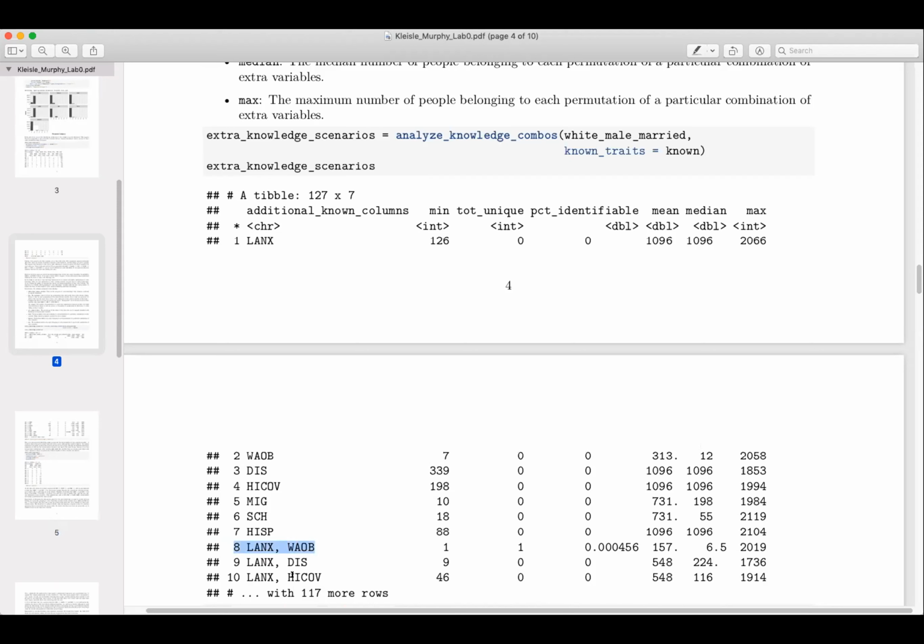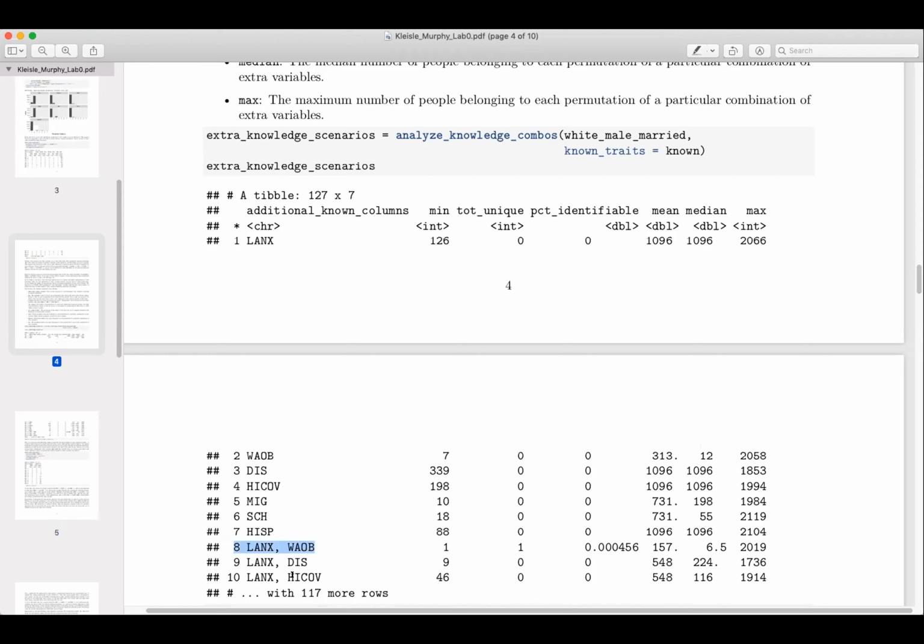That's not to say you're guaranteed to out someone if you knew those two categories, but there's someone who could be outed by those. So the point was, if you're an intruder, where would you start picking at next?